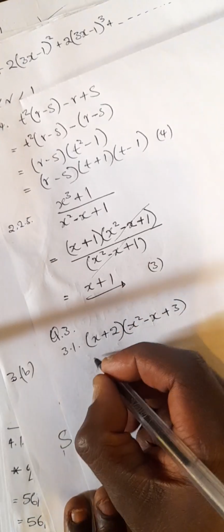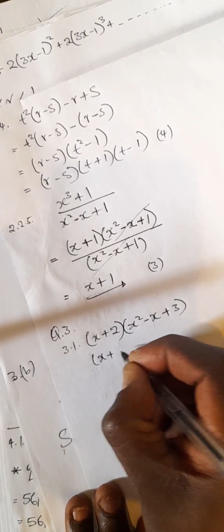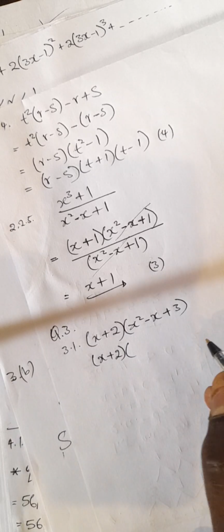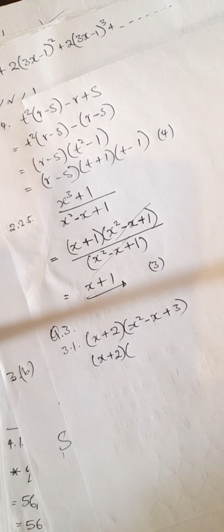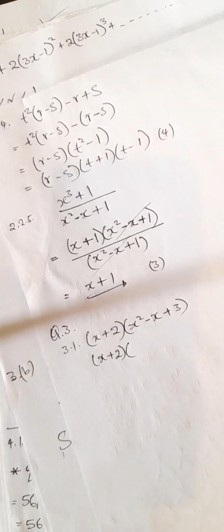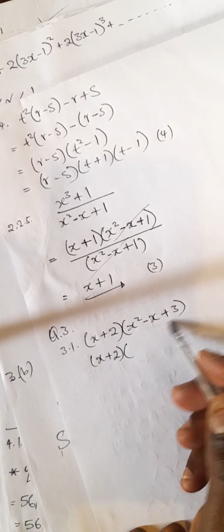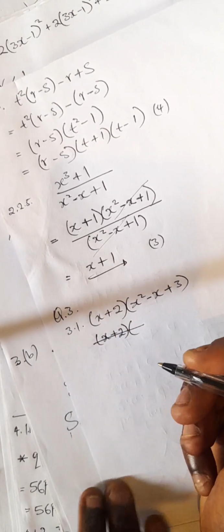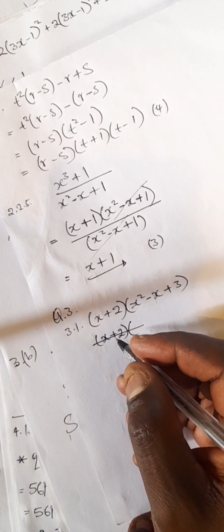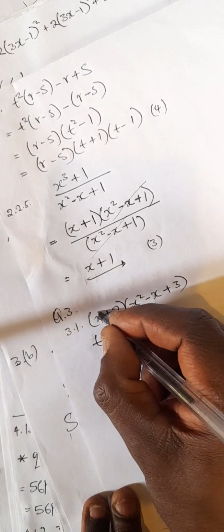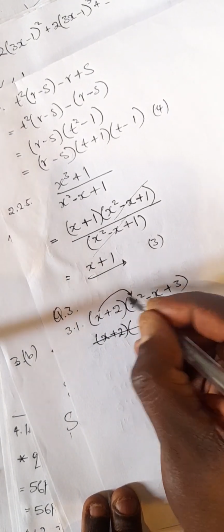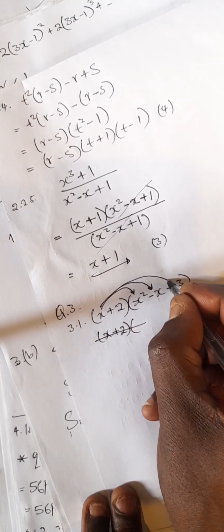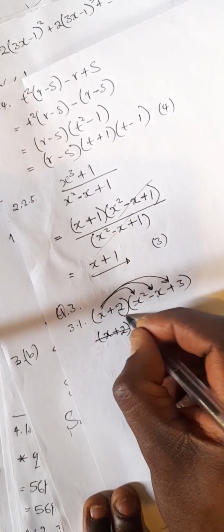First step, x plus 2. This expression inside these brackets will need the quadratic formula to get the factors. So because the question says simplify, you can simply multiply this using the FOIL method.